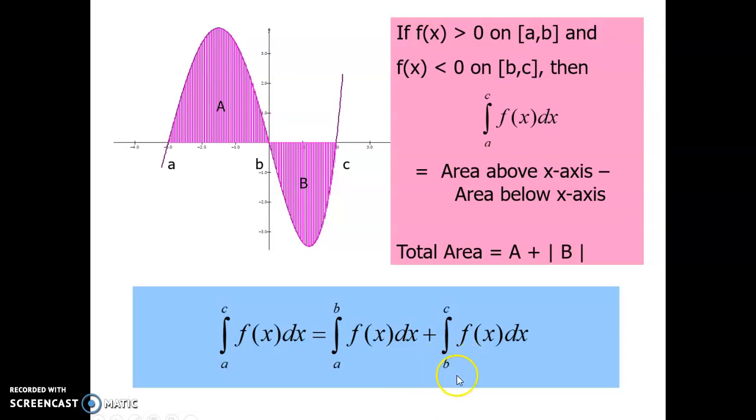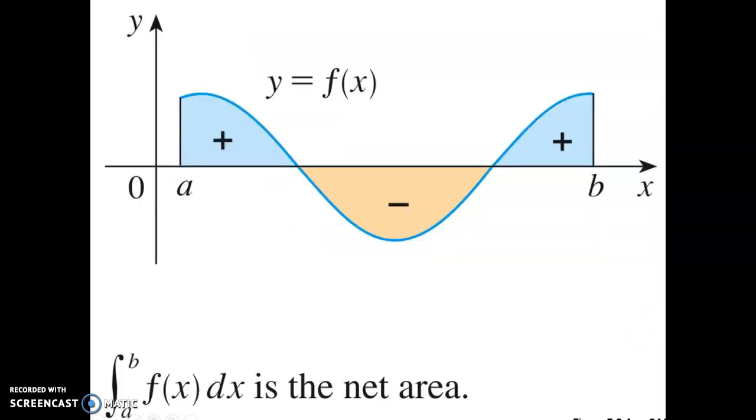Notice that when the upper bound of one definite integral matches the lower bound of another definite integral, we can simply add these two integrals together and go from a lower bound of a to an upper bound of c. And we'll notice some other properties too.